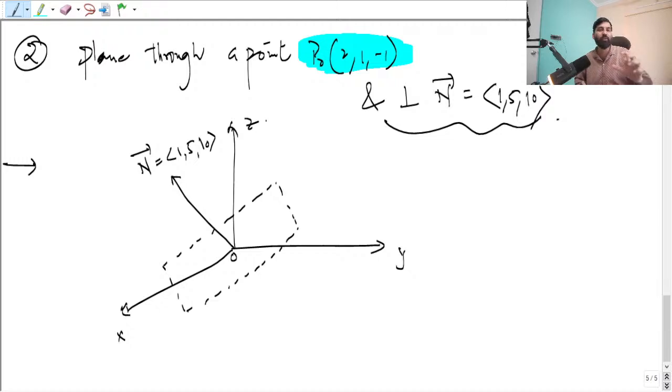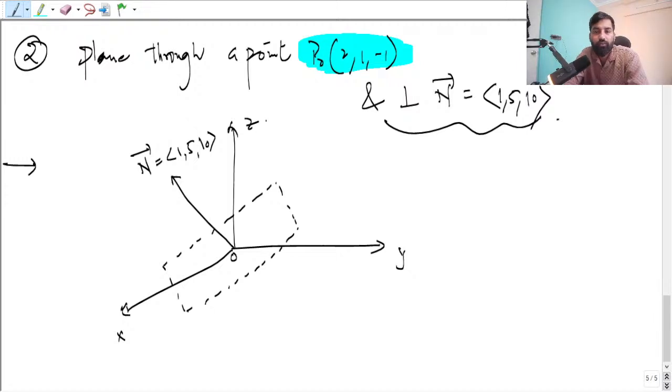Now what they're saying is that a plane is not passing through the origin, it is passing through a point. So both planes, the plane passing through the origin and the plane which is not passing through the origin, will be parallel to each other.